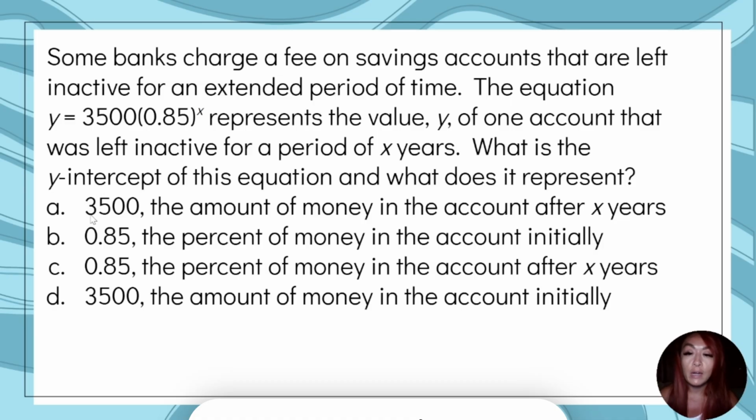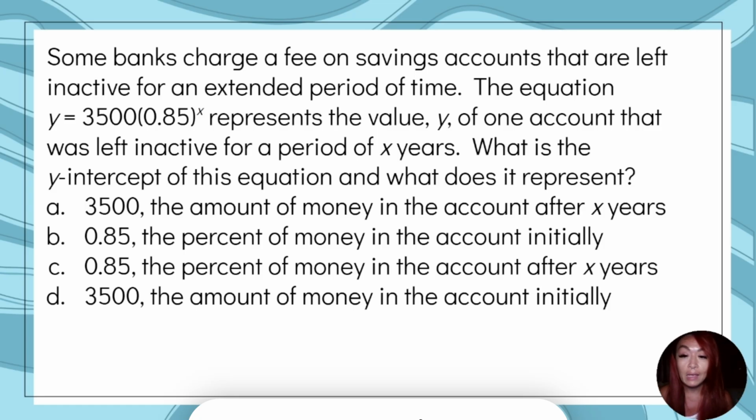So let's take a look at A. 3,500, the amount of money in the account after x years. And D says 3,500, the amount of money in the account initially. So choice A, the amount of money in the account after x years, that would be your final amount, right? That would be your value of y.